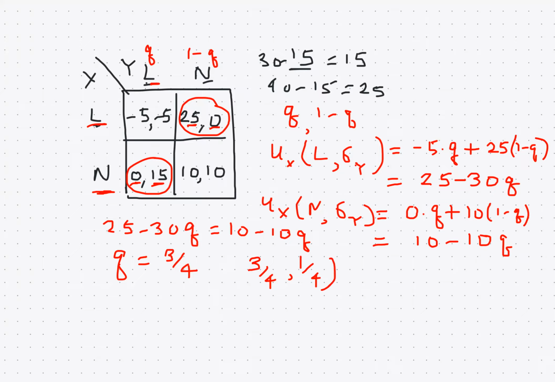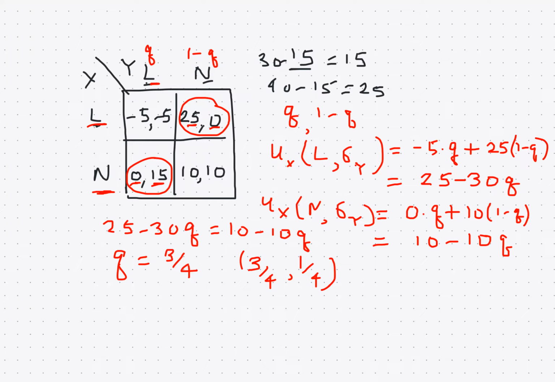So if firm Y is going to choose lobby and not lobby with these probabilities, then firm X has an incentive to randomize between its two pure strategies. Okay, so that's here.